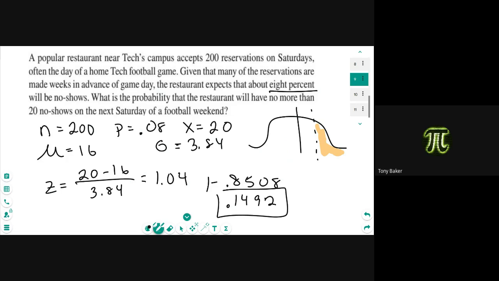So actually, you're right. That would have just been the 0.8508. But that wasn't the mistake I was looking at. That's 16, that's correct. I would want this one because I want no more than.